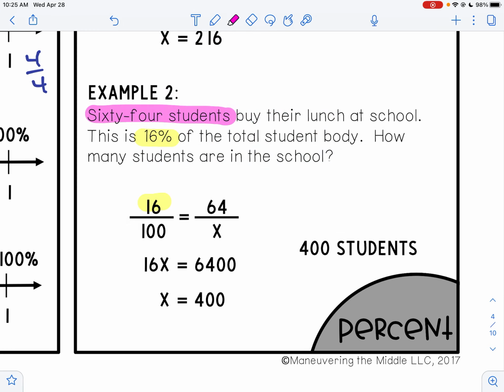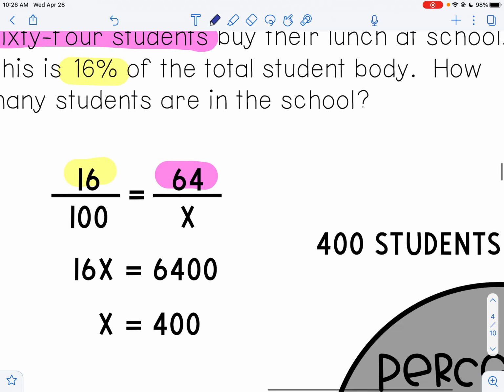And then they put 64 as the part because 64 students buy their lunch, which means we all kind of know that a bunch of kids bring their own lunch to school so they wouldn't have to buy their lunch, which means we're trying to find the total number. So let's look at it. If we zoom in, we need to see if there is an easy scale factor. In this case, there is.